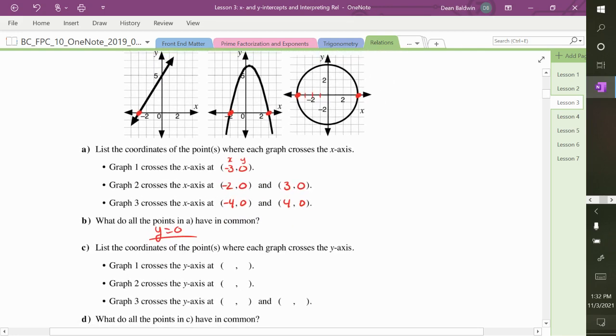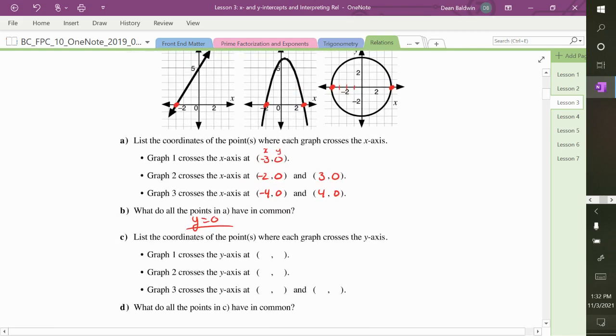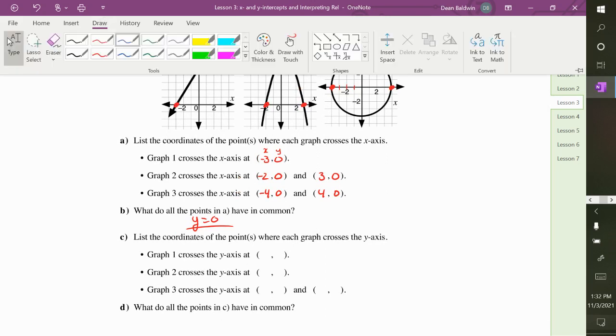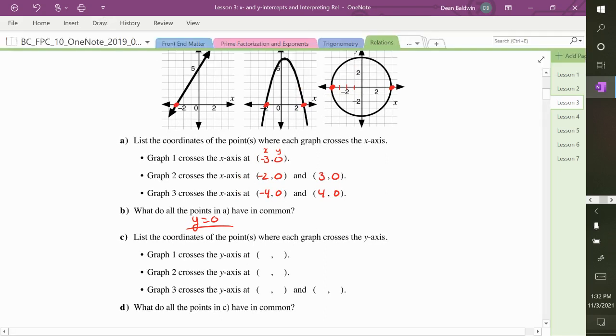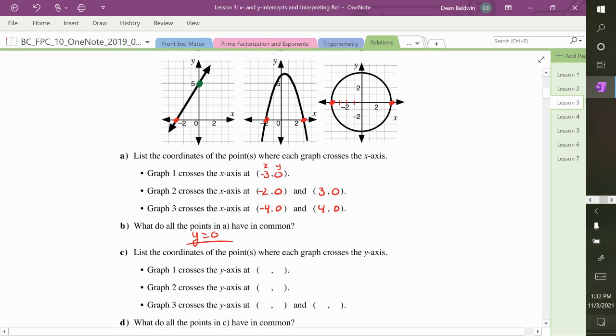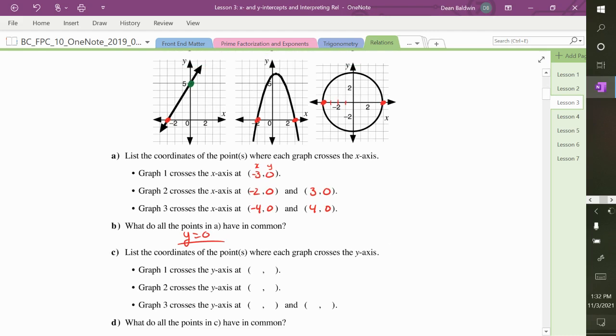Okay, same graphs. I want you to tell me where they cross the y-axis. So now we're dealing with this point. What's the first one? Not 5, 0. 0, 5, because the x value comes first.